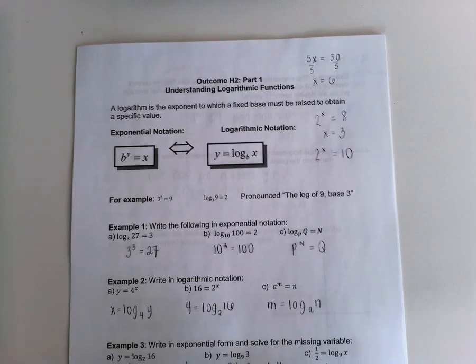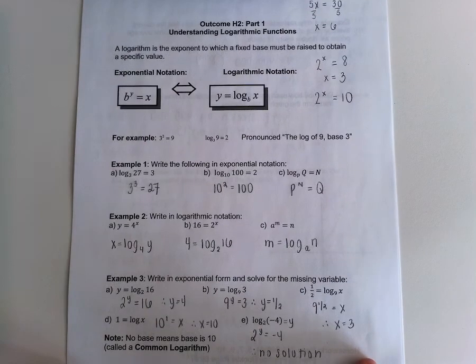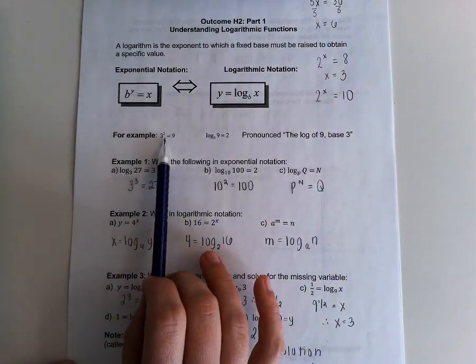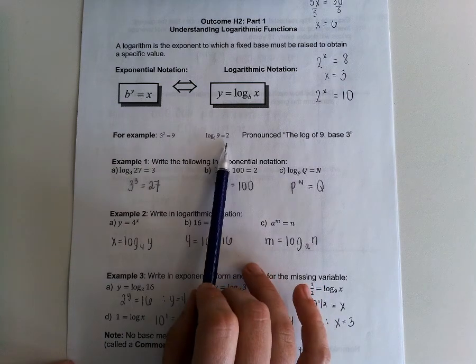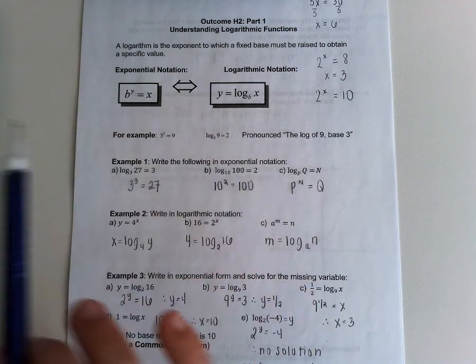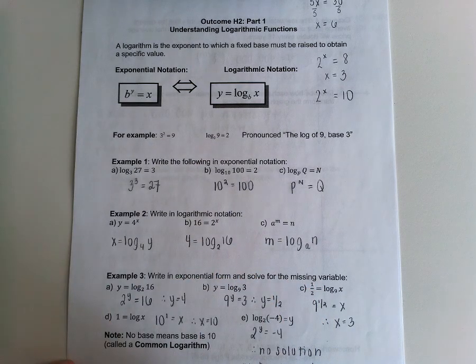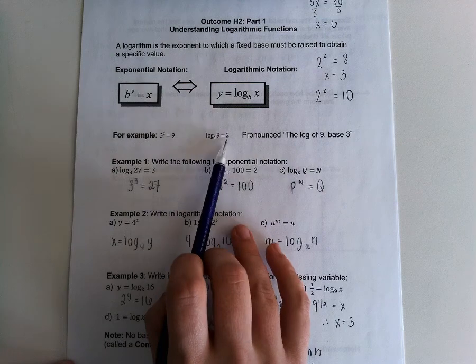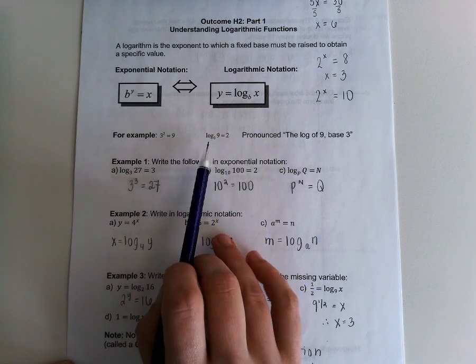So the next few questions are just some practice in changing between forms. You can think of exponential form and logarithmic form as sort of like changing from a fraction to a percent or a percent to a decimal. We're just changing forms. So these two things are equivalent to one another. They're just written in a different way.